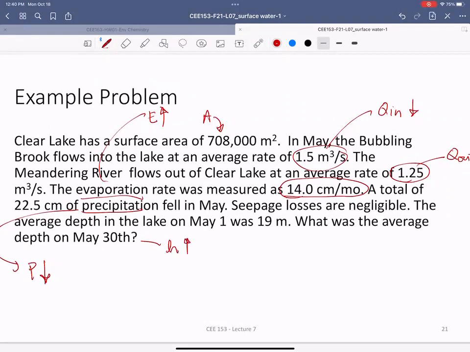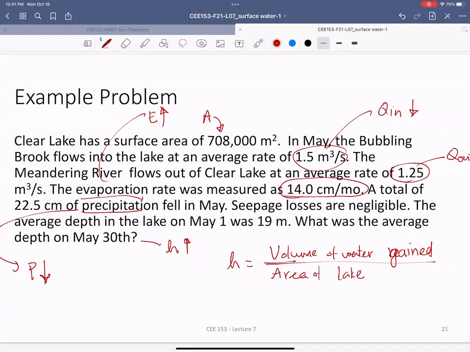Okay. And height rise is basically volume divided by area. The volume of water gained or lost, that's how it's going to drop. If it is lost, then obviously it's going to drop, divided by the area of the lake.